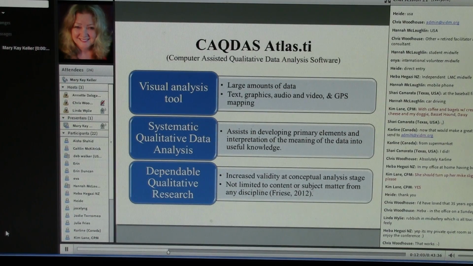It also has a systematic qualitative data analysis. It develops the primary elements and the interpretation and the meaning of the data and useful knowledge. And dependable qualitative research increases the validity at the conceptual analysis stage, not limited to content or subject matter from any discipline.